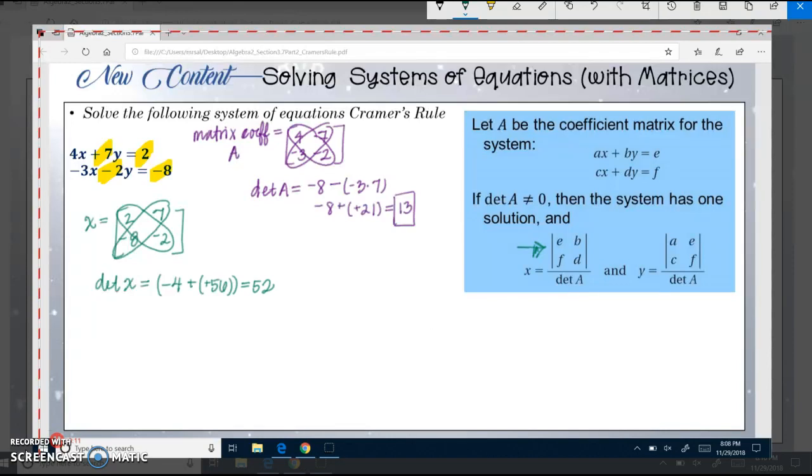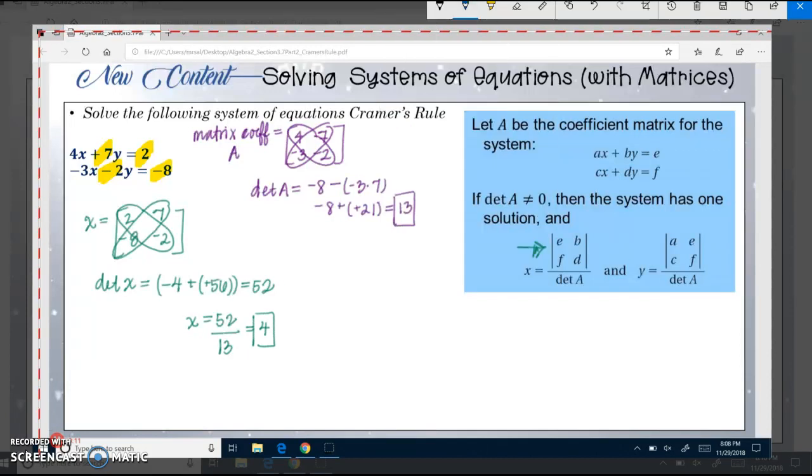So in order to solve for my x value, I'm just going to take that determinant of 52 and divide it by the determinant of my coefficient matrix, which was 13. So when I divide 52 by 13, I find out that my x value is going to be equal to 4. So very efficient to solve it this way.